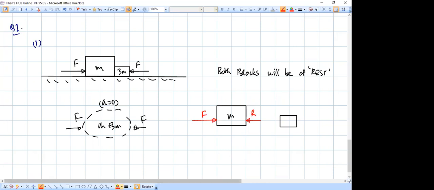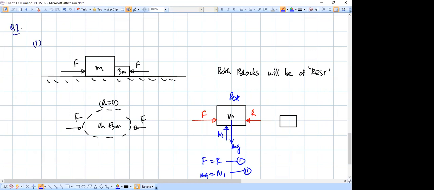Okay. And of course, there is this one's weight, and the ground is applying a normal reaction on it. Okay. And this is at rest. So F is equal to R, and mg is balanced by N1.